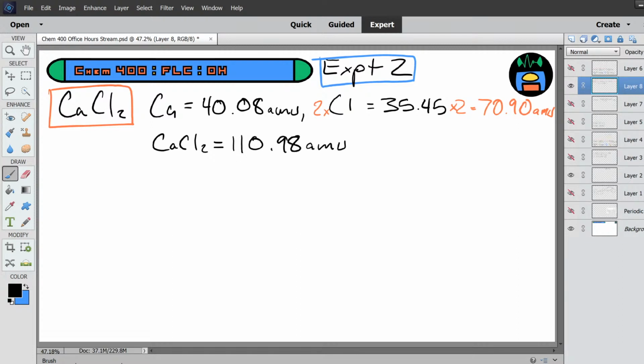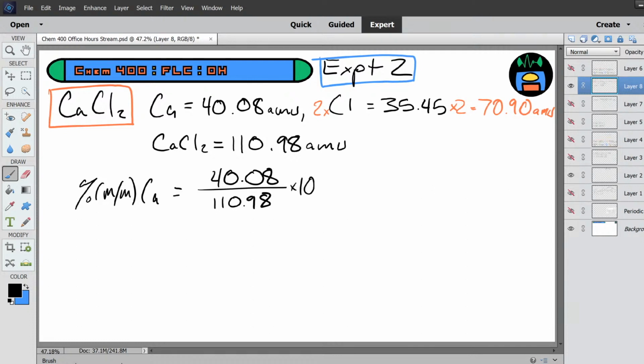Now we can calculate our correct values for the percent mass of calcium, which will be 40.08 over 110.98 times 100.